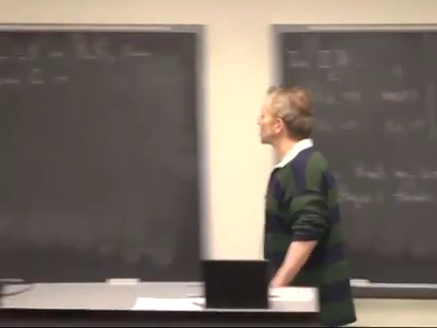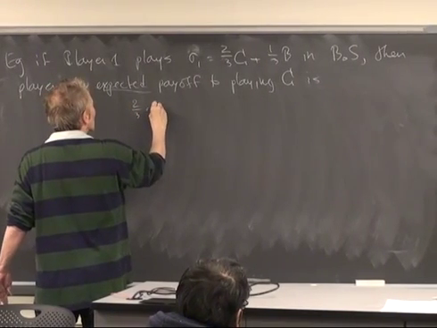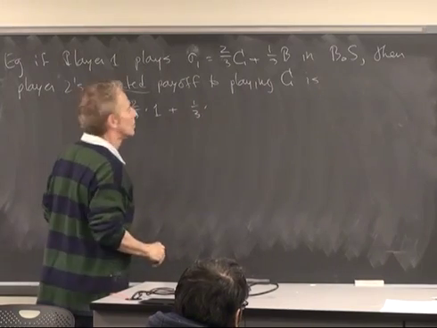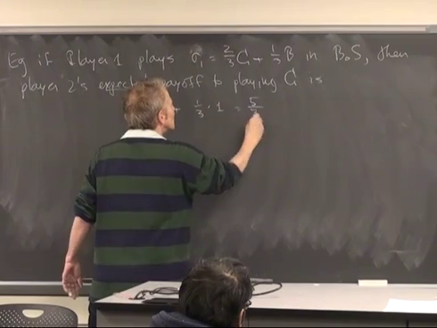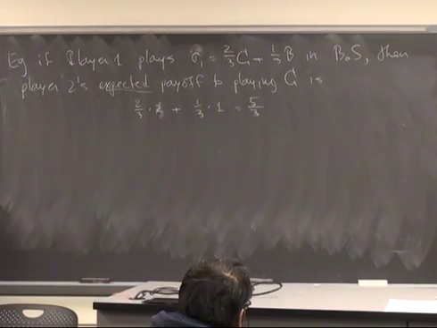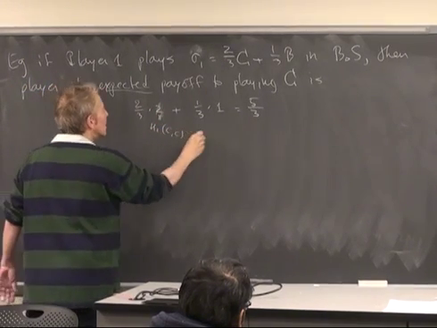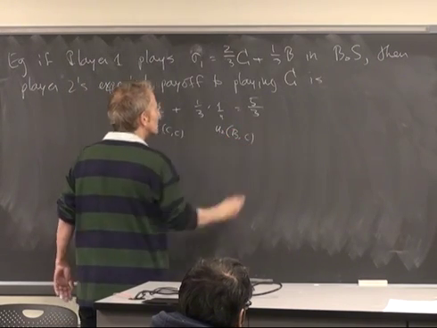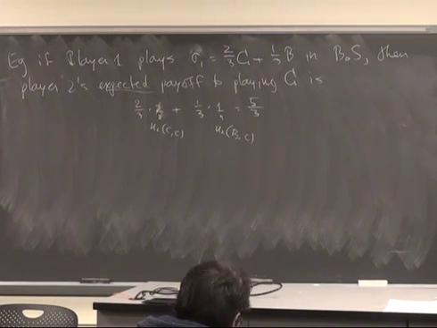So it's 2/3 times 2 plus 1/3 times 1, which is 5/3. This 2 here is just U2 of CC. This 1 here is U2 of BC. Got that?